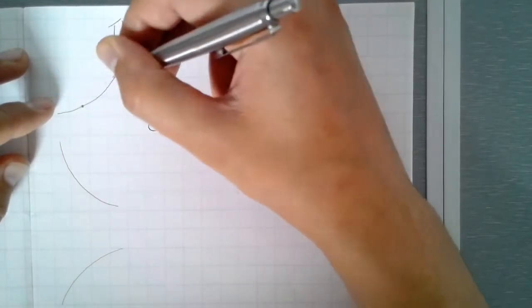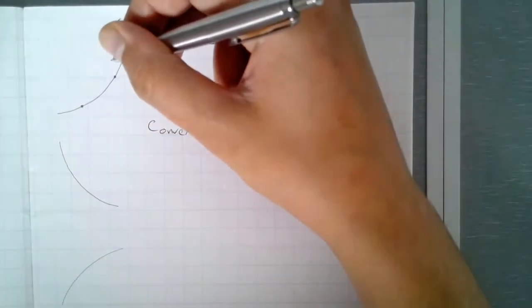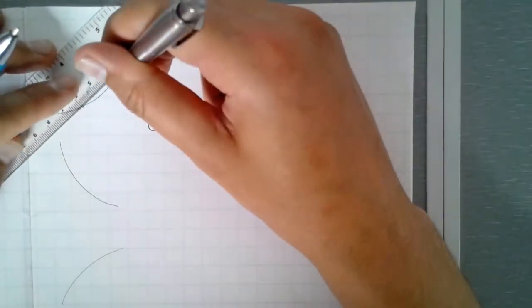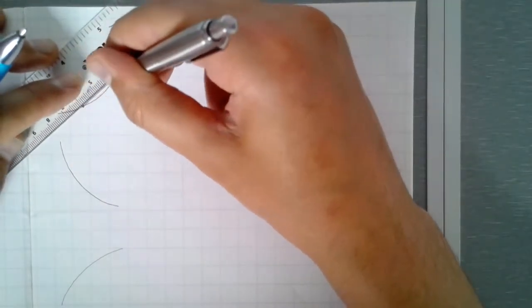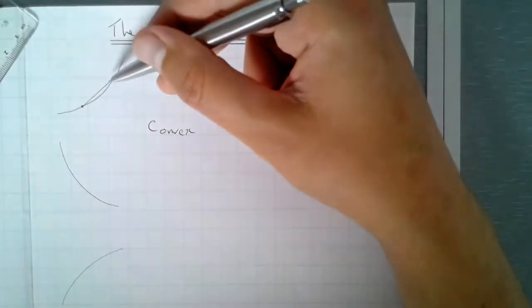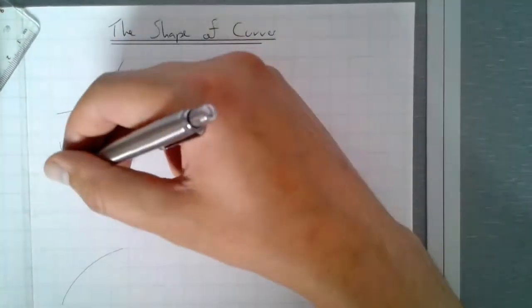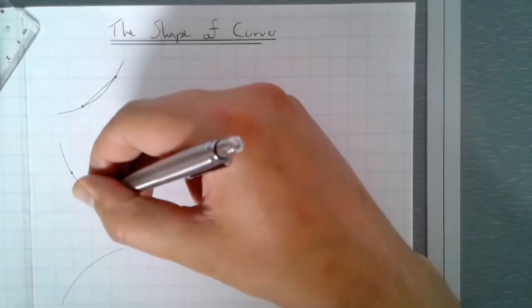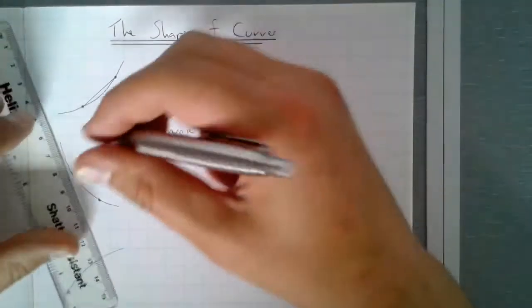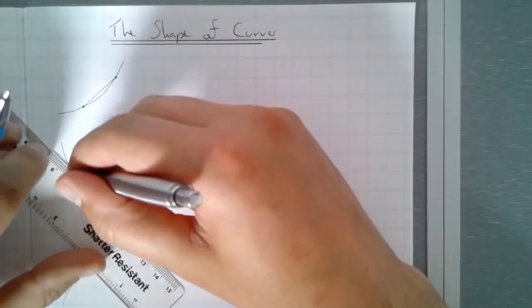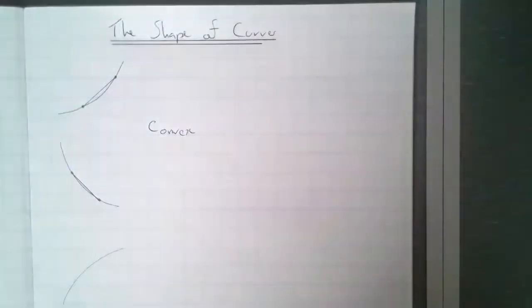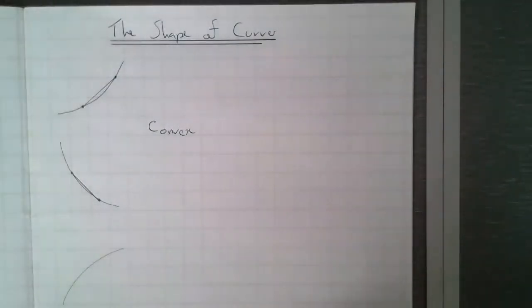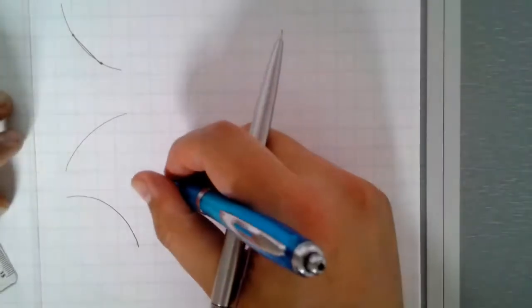If I pick any two points on my curve and draw a chord between them, you'll notice that the chord is entirely above the curve. With this one, I do two points, draw a chord between them, and again it's completely above the curve. So those two are convex, these ones are concave.